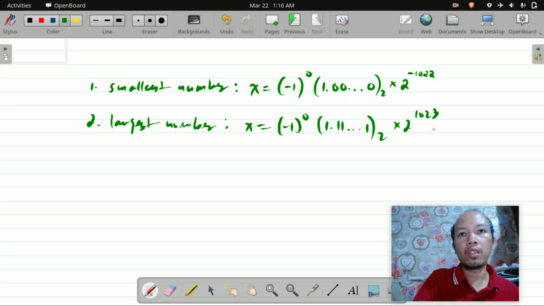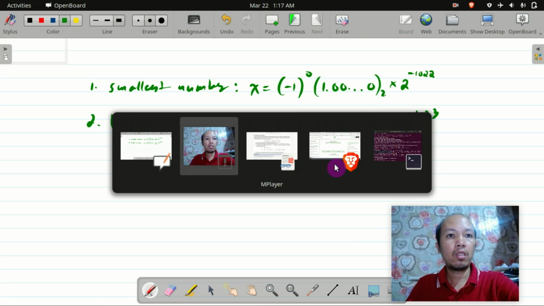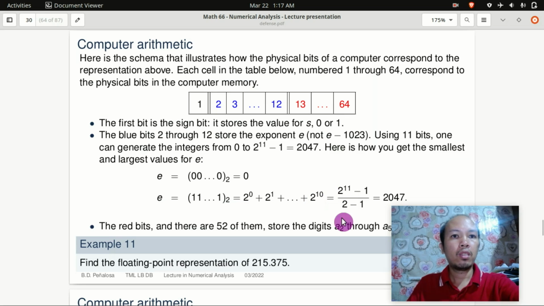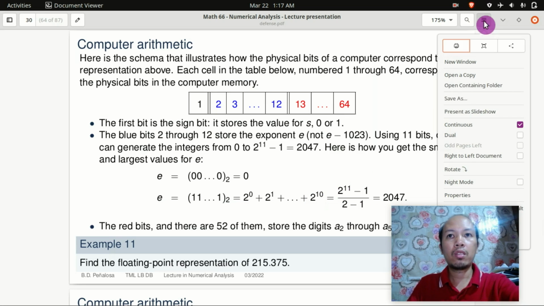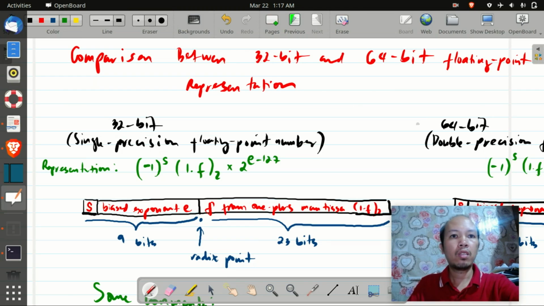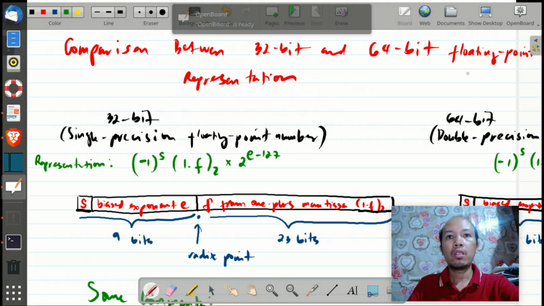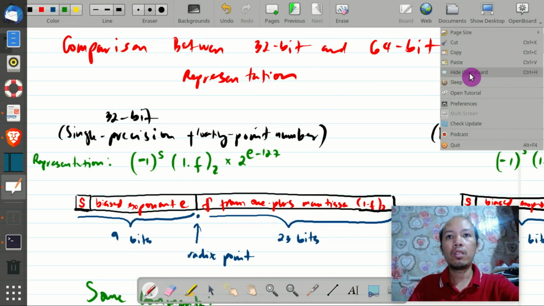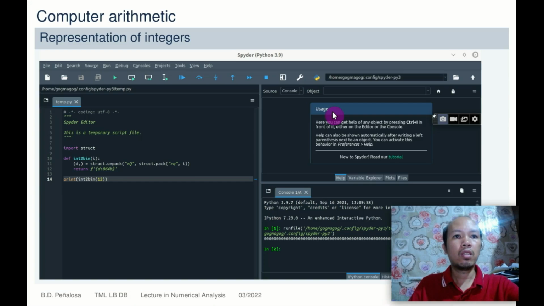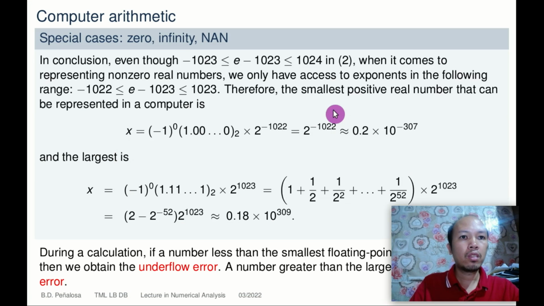Again, this is equivalent to this one here.